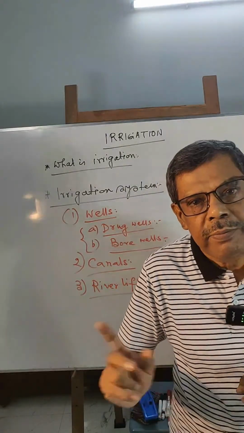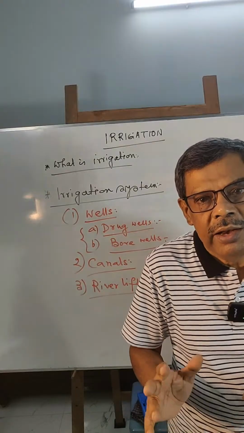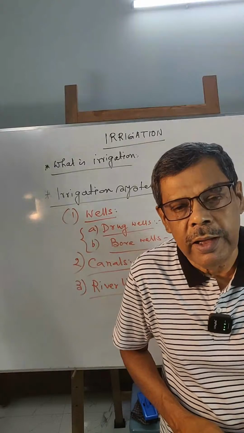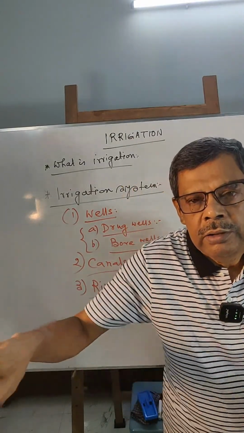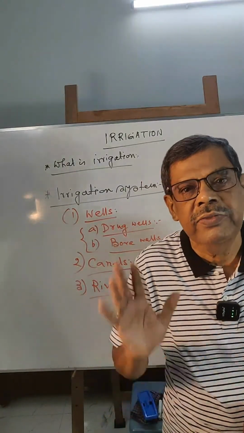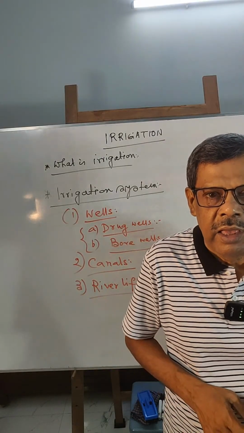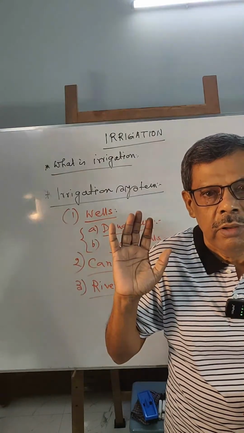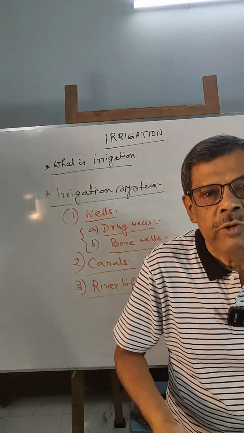Then the river lifting system works. It is placed in a channel close to the river, and water is lifted from the river throughout the locality. But long distance is not provided by this system. Nowadays, India is developing a long distance river system, which will be followed in a few years.